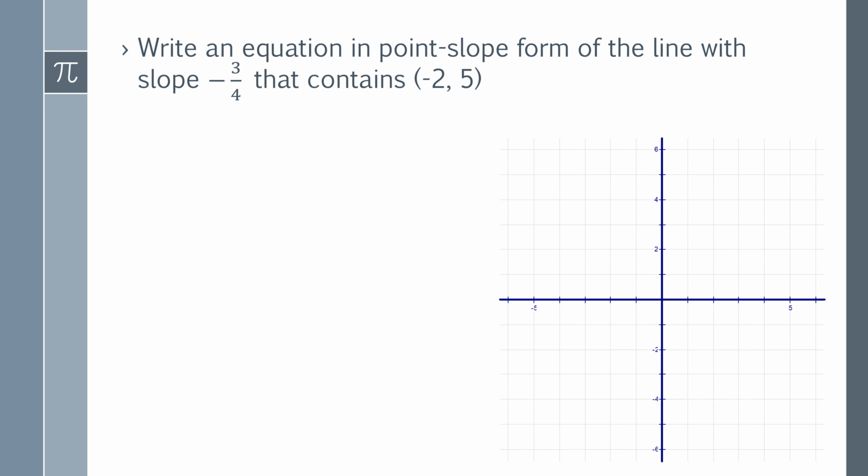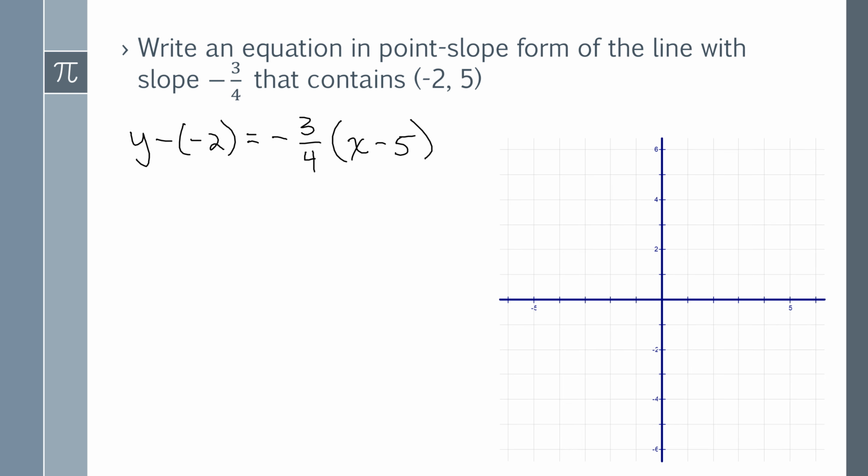Again, write an equation in point-slope form of the line with a slope of negative 3/4 that contains negative 2, 5. So let's go through that process. It's y minus the y value. So y minus negative 2 equals the slope, negative 3/4, times x minus 5.